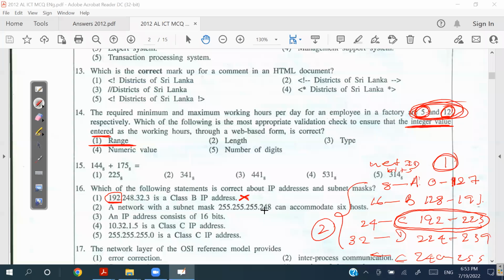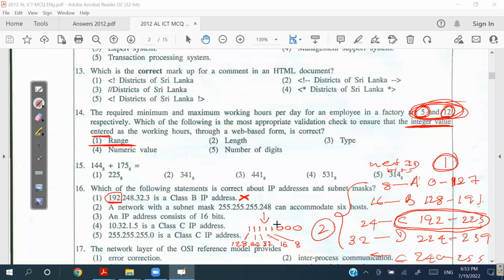If you extract 248, it will be 5 ones and 3 zeros. That means you are going to add 128, 64, 32, 16, and 8. When those are added up together, it will give you 248.